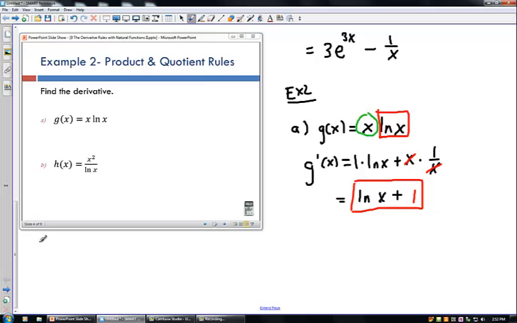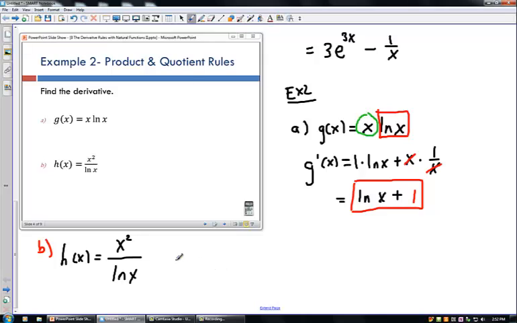On part B, we have h of x equal to x squared divided by ln of x. The last problem was a product rule, so this problem will be a quotient rule.